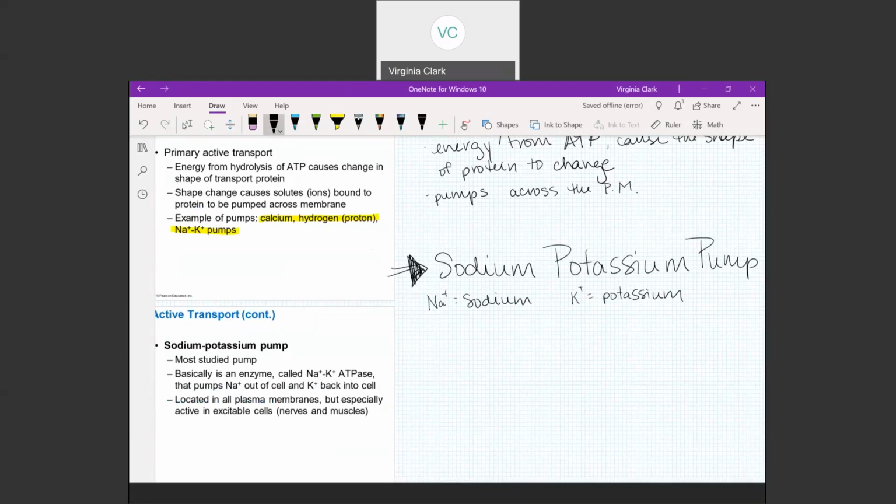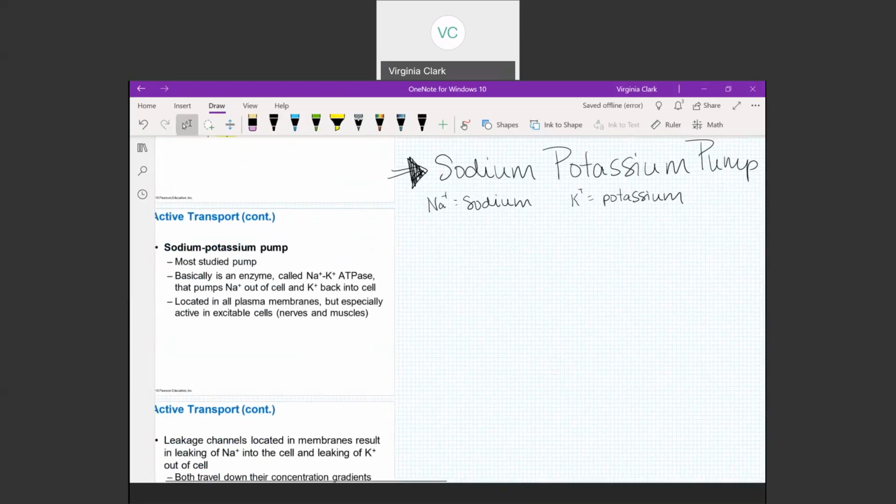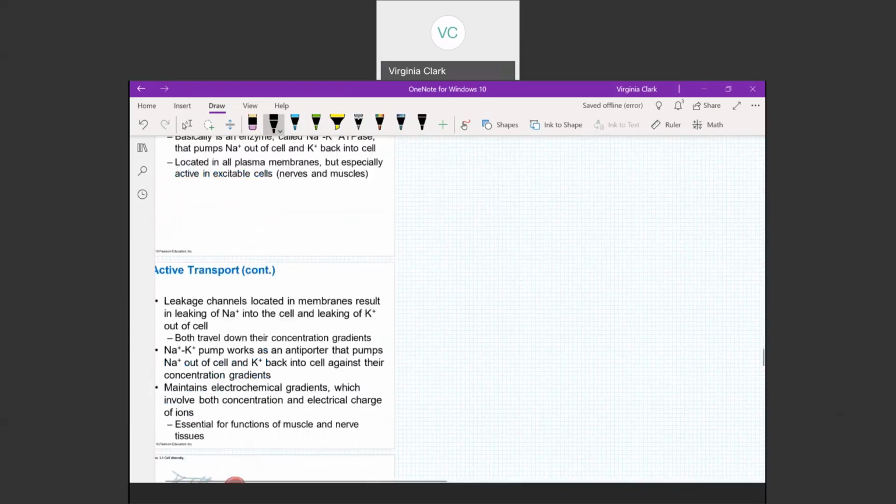The sodium-potassium pump is the most studied pump in the body. It is basically an enzyme, so we're going to talk about the sodium-potassium ATPase, and it will pump sodium out of the cell, and it will pump potassium into the cell. So this is the direction things will move. This is really, really important when we get to nerves and muscles.